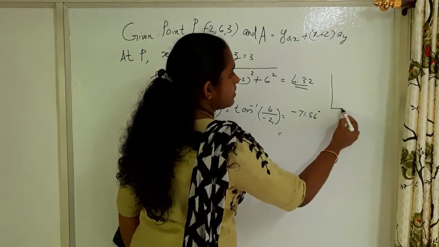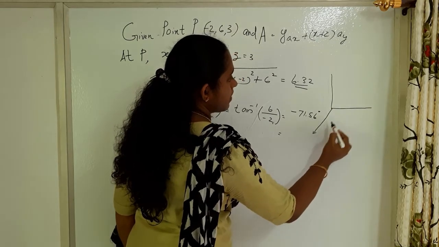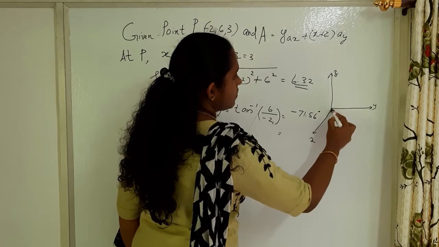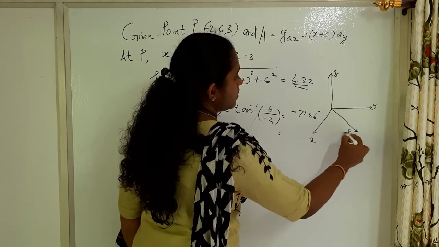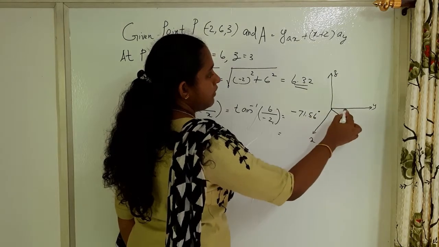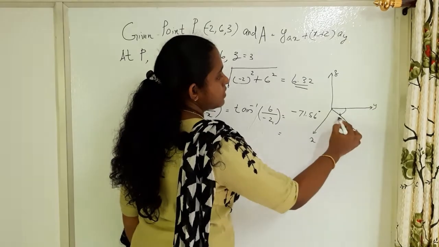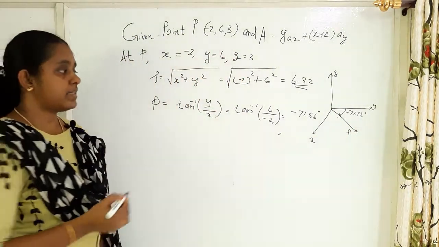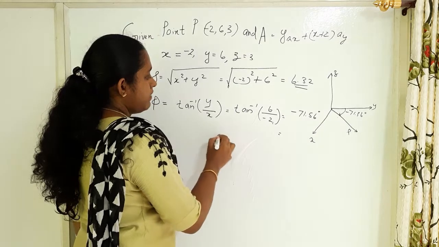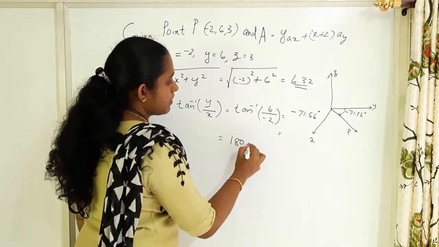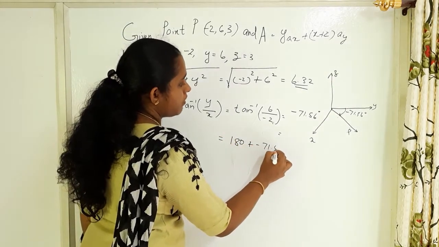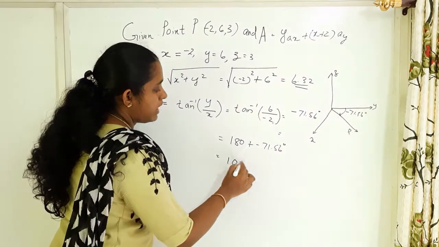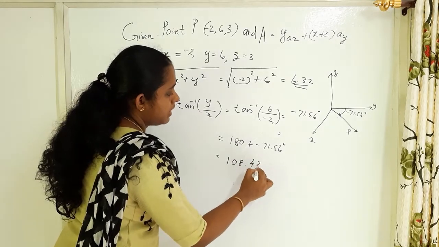When you draw the axes z, y and x, this is our rho, and this angle is -71.56 degrees. But we want the angle from the x-axis, so phi equals 180 plus (-71.56) degrees, which is 108.43 degrees.